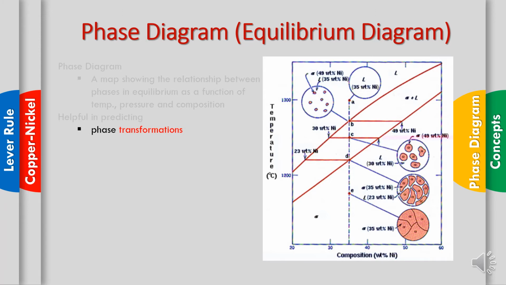We can project what is happening when we mix the composition at different percentages, and it will result in the microstructure. We can predict what is happening at a certain spot, what the size of the microstructure is, and the existence or presence of solid or liquid or a combination of two materials.